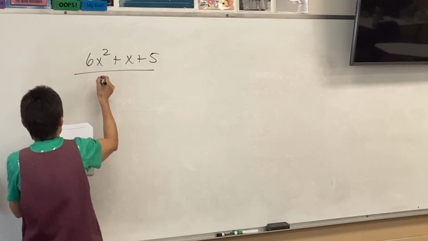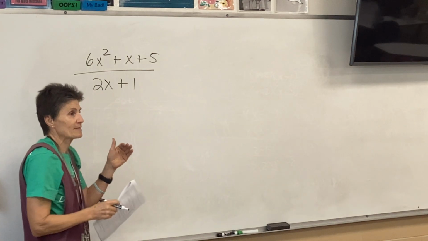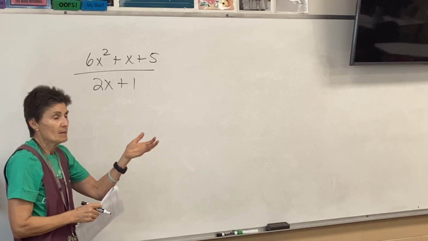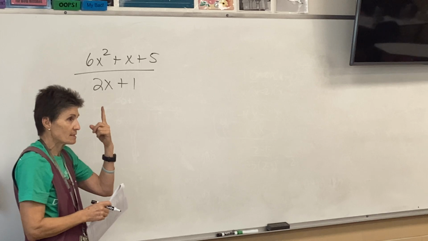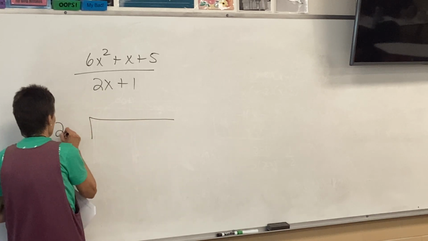So let's stop for a second. He told us in the problem we have a slant asymptote, but you would know that already, right? By looking at the problem, because the power on top is 1 bigger. Alright, so he wants us to use long division, so we're gonna go ahead and do long division.